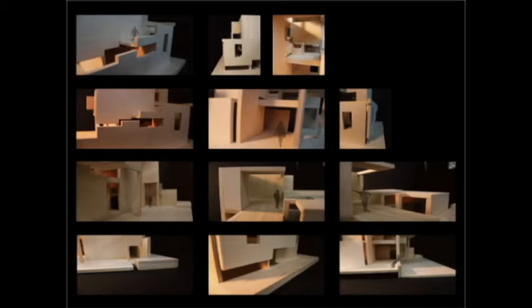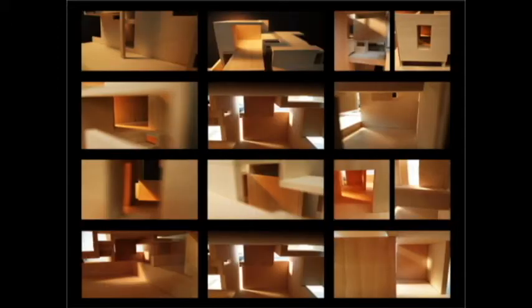Because I will try to build a connection between the spaces in this dwelling, the dwelling is kind of transparent, and there are several passages for the light to come in.